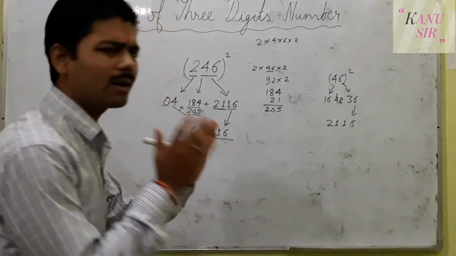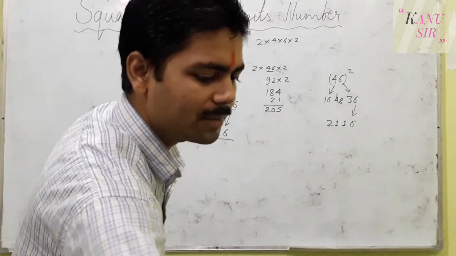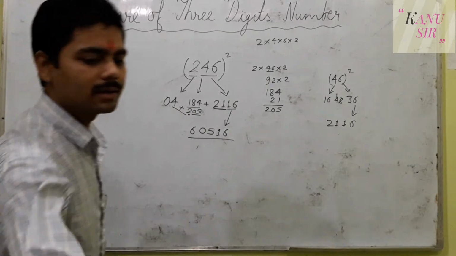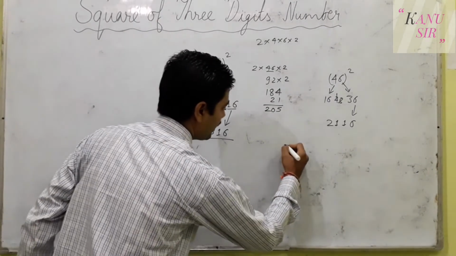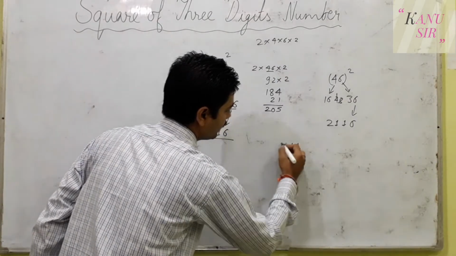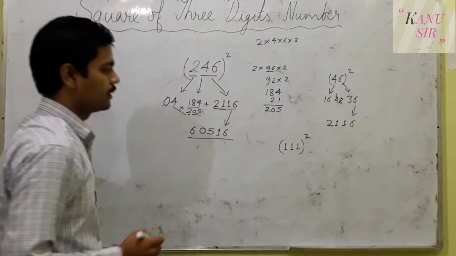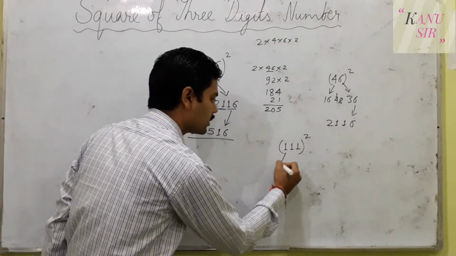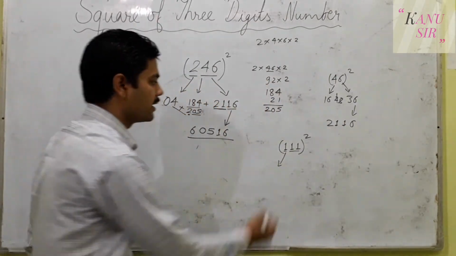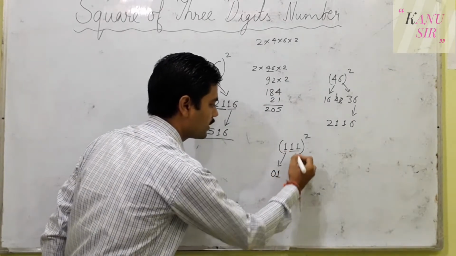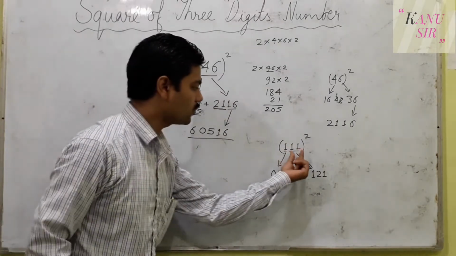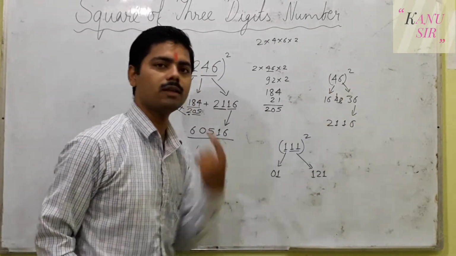So let us take another example, a little bit simpler for you, so that this heaviness will change to easiness, and that is 111 square. How are we going to do it? Breaking the 3 digits in the form of 2 digits, the square of 1 is 1. The square of 11 is 121, or if you don't know the square of 11, do the same method here.